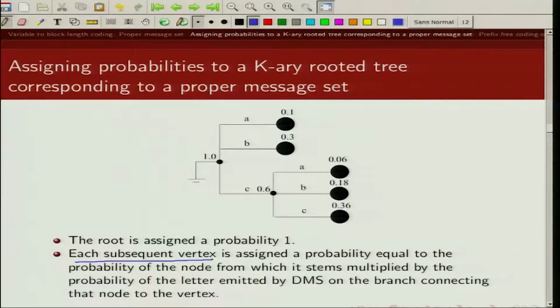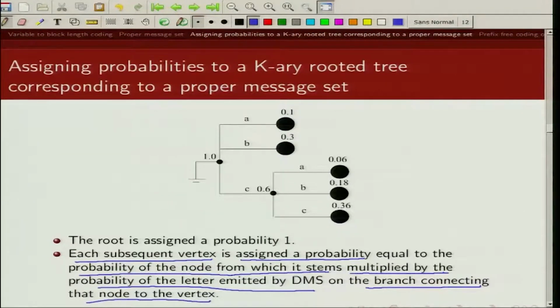Each subsequent vertex is assigned a probability which is equal to the probability of the node from which it stems multiplied by the probability of the letter emitted by the discrete memoryless source on the branch connecting that node to the vertex.